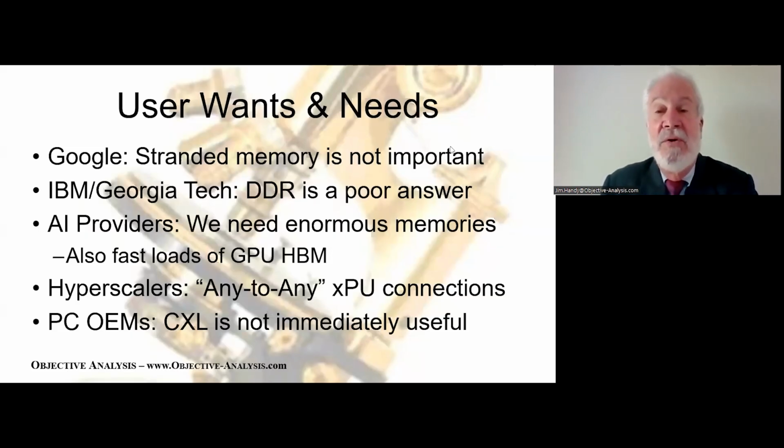So let's talk about what the users of CXL are going to want and need, because we do see some conflict in there. Google has come out with a paper relatively recently that kind of went against something that Microsoft Azure said. Microsoft Azure had something called the Pond paper, talked about a system that they called Pond that said that stranded memory was a problem that was adding about 7% to the cost of memory systems in a computer.